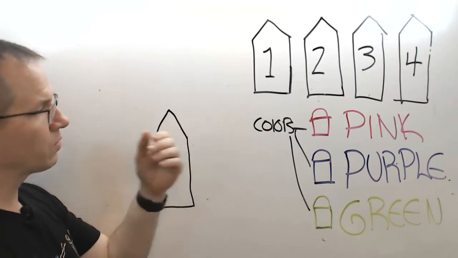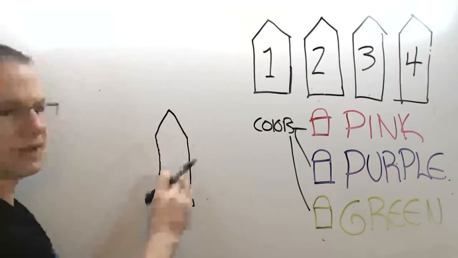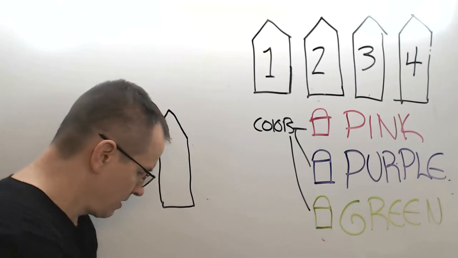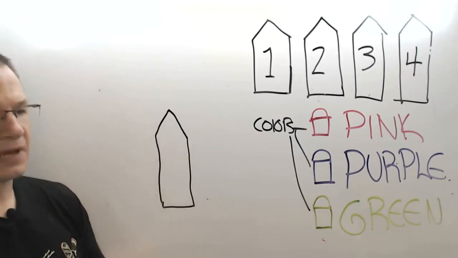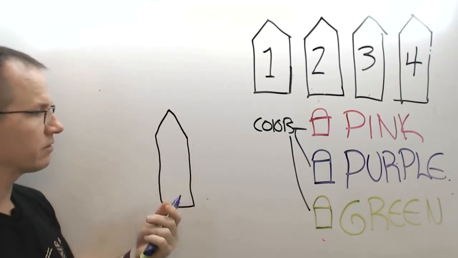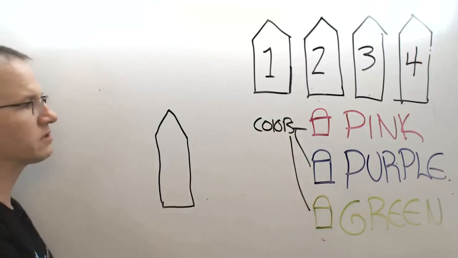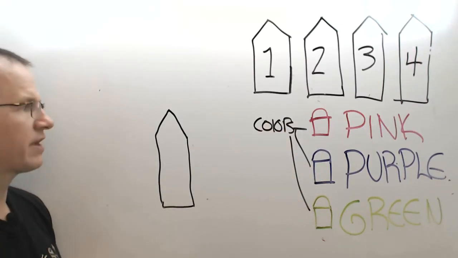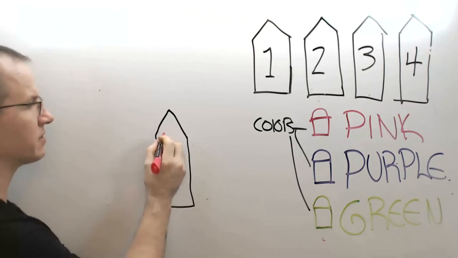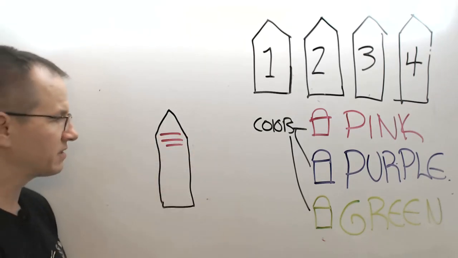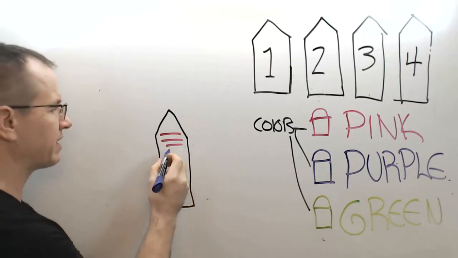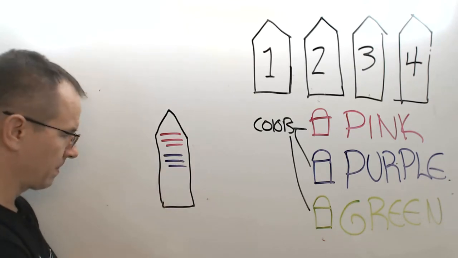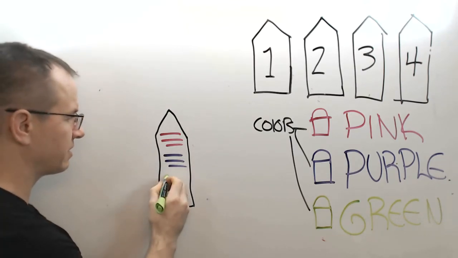So let's start with just one picket. We're here Saturday morning, we have nothing better to do and we want to color this picket. So we have these 3 paints. Let's derive how many different ways we can paint it, right? With one picket, I could paint it pink, or I could paint it purple, or I could paint it green.